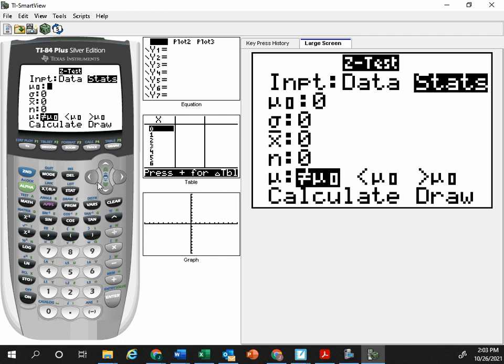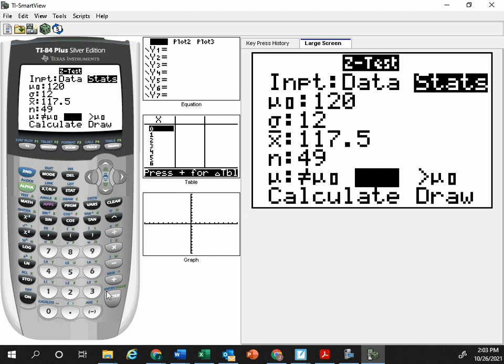Hopefully you have all the information you need for this. So what is mu? What is sigma? Good. What is x bar? Good. And n. 49. Okay. Then you have to pick which of these inequalities we're using. Are we using not equal to, less than, or greater than?